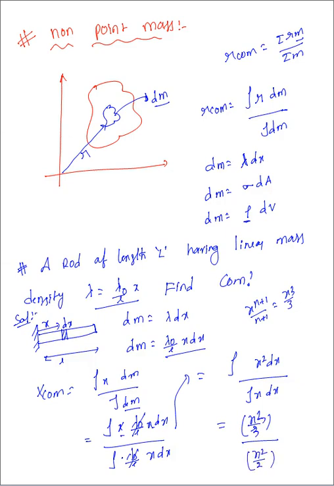Fine, we are going to substitute the limits here. From where to where? 0 to L they are telling, no? So the numerator is x cube by 3, into 2 by x square, with limits 0 to L. Substituting, we get L cube by 3 into 2 by L square.